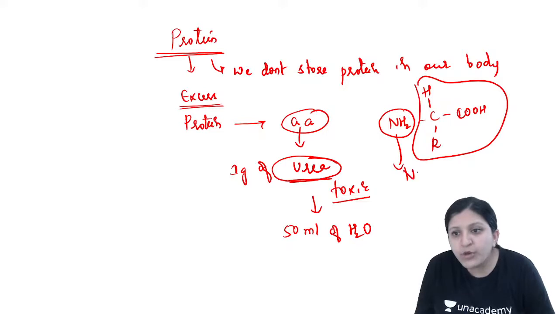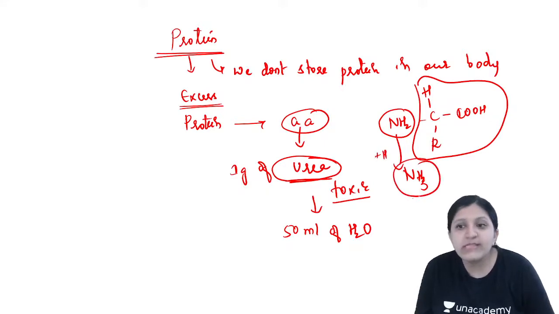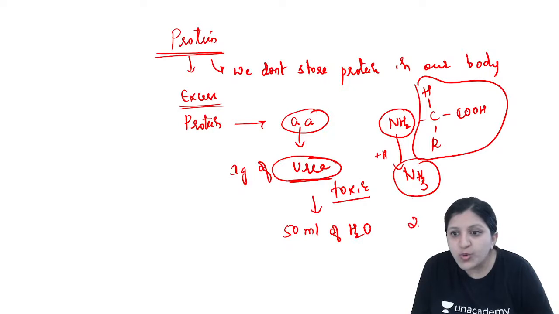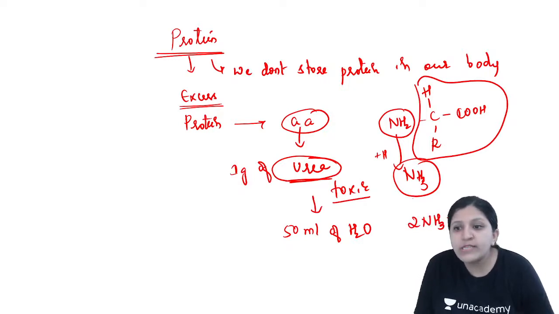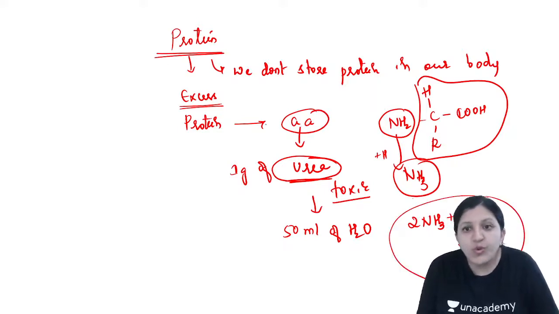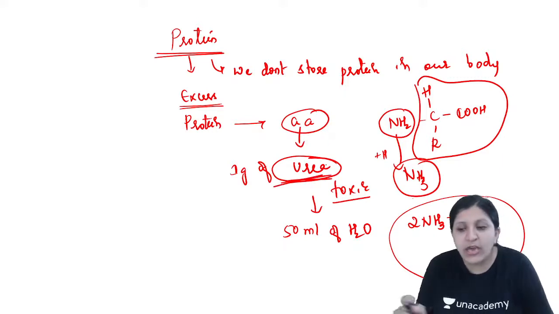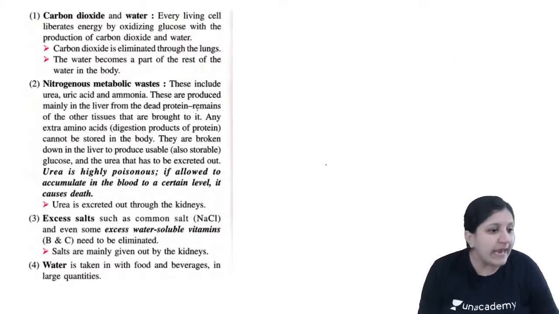This amine group combines with one more H plus ion and forms NH3. Two NH3 will combine with carbon dioxide to form urea. So urea will be formed as such in our body and we need to get rid of it.